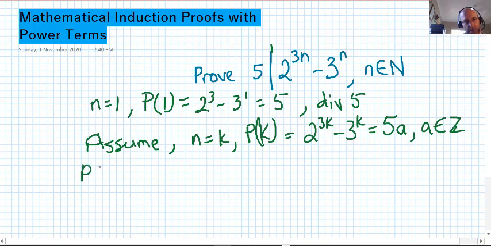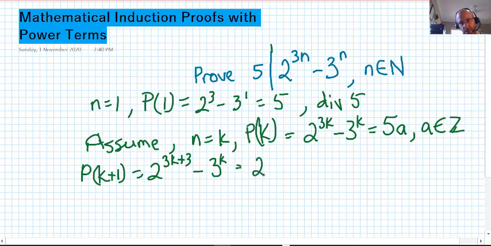So the inductive step here, P of k plus 1, carefully subbing in, so it's 2 to the 3 outside of k plus 1, so that's 3k plus 3 in the index, minus 3 to the power k, and we can use index law 1 to write down an equivalent with the base 2.